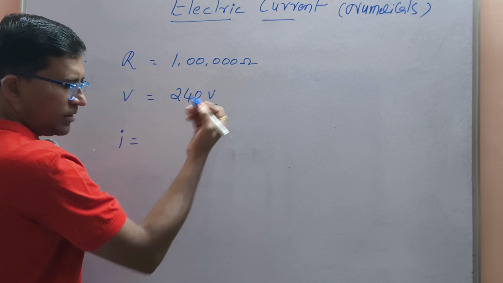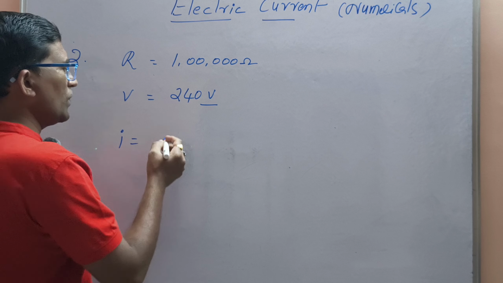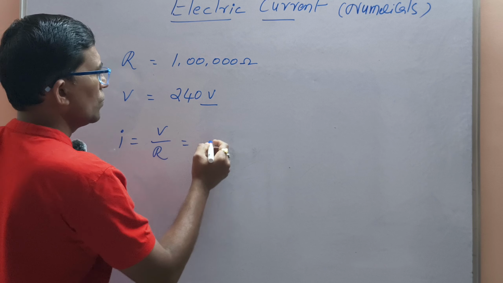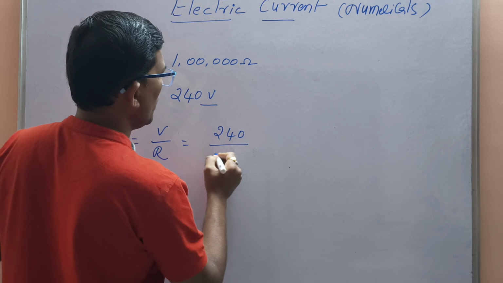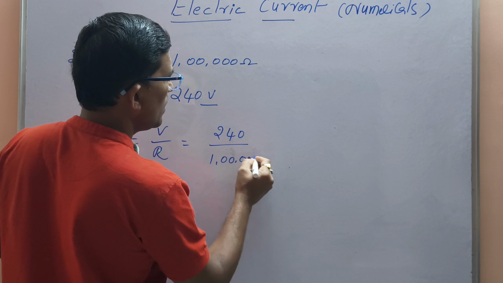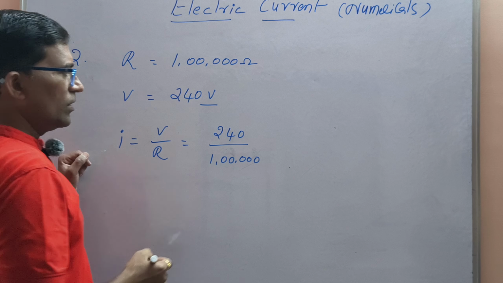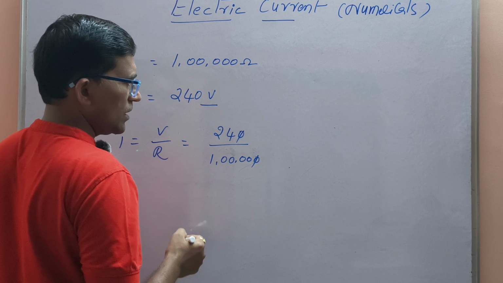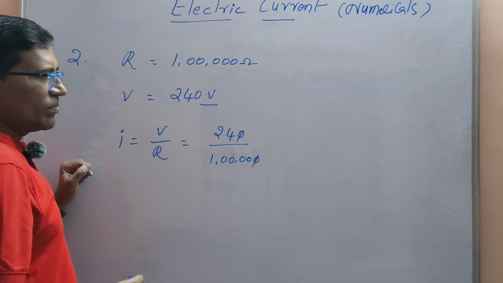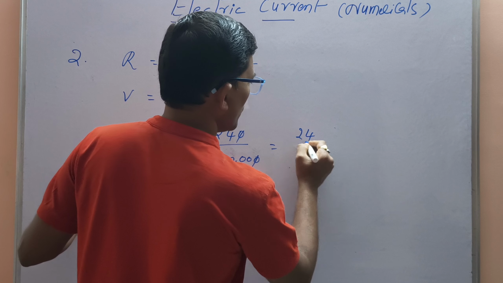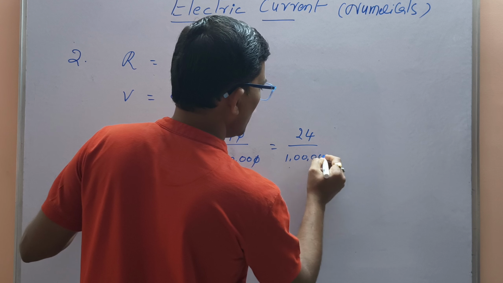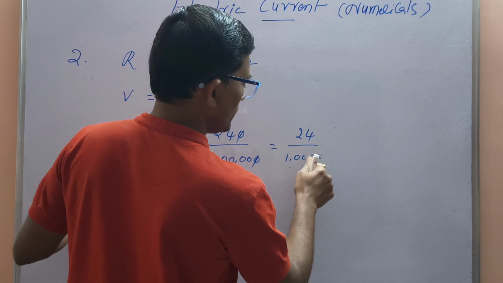Current I is equal to V by R, the same way as in the first problem. V is 240, R is 1 lakh ohm. The 0 gets cancelled, so it is 24 by 10,000.